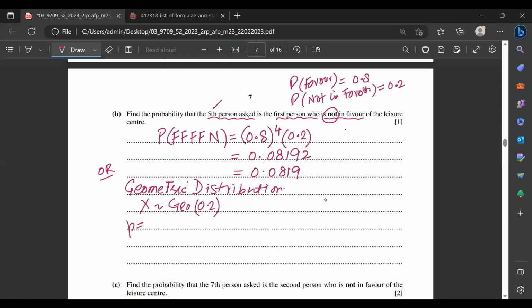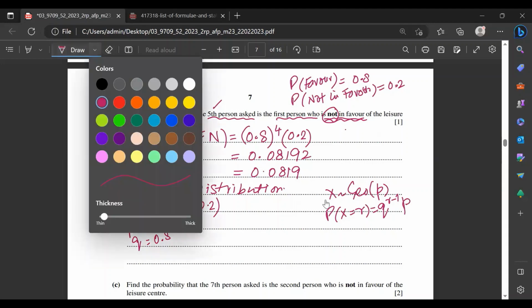So P equals 0.2 for this case, part B, and Q for this part is 0.8, because the important thing to notice is that he's talking about not in favor. Not in favor is the success. Recall the formula for the geometric distribution: if P is the probability of success, the probability of X equals r is Q to the power of r minus 1 failures, and then there is a success. So this is the formula for the geometric distribution.